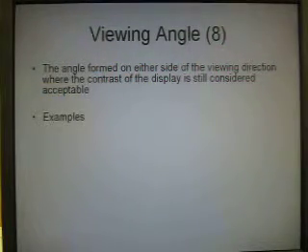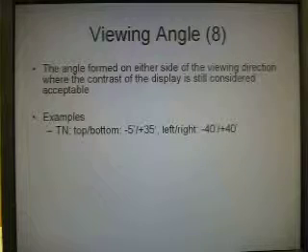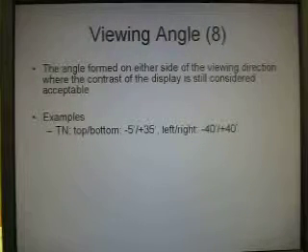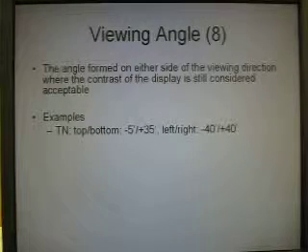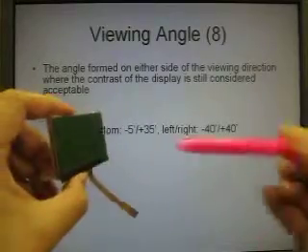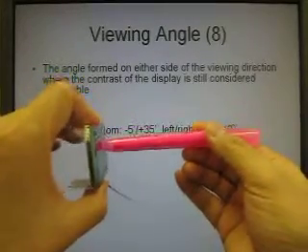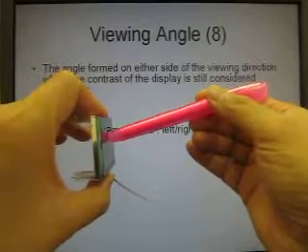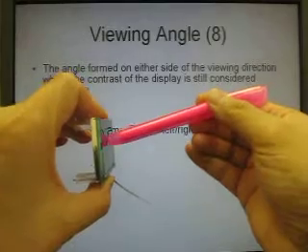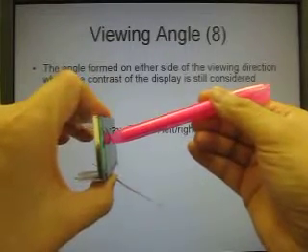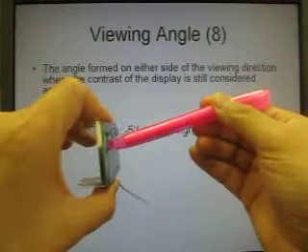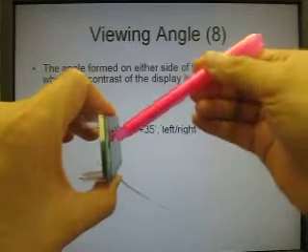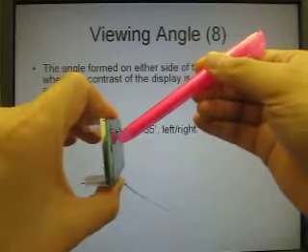For example, for TN LCD, it is pretty narrow. It is -5 to +35. What does this mean? This is the perpendicular direction. -5 means the angle is slightly higher than the perpendicular direction. From this angle, you can see the LCD, but if it's a little bit wider, you can barely see it.